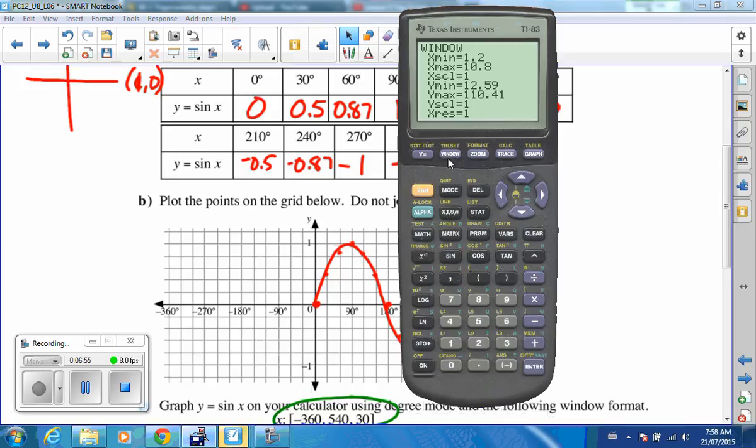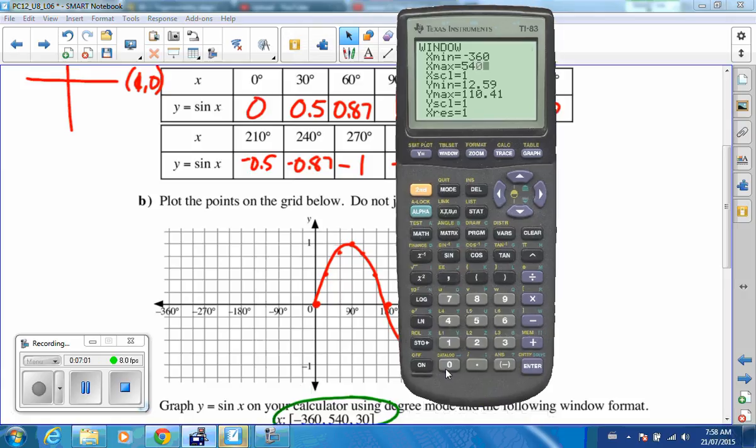So window negative 360, positive 540, x scale of 30, just so those are reasonable numbers for me to look at. Y scale, we'll go from negative 1.5 to positive 1.5. And Y scale, let's go by 0.2. We'll just use the same scale on this graph.